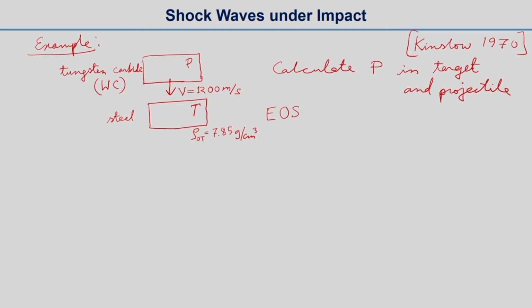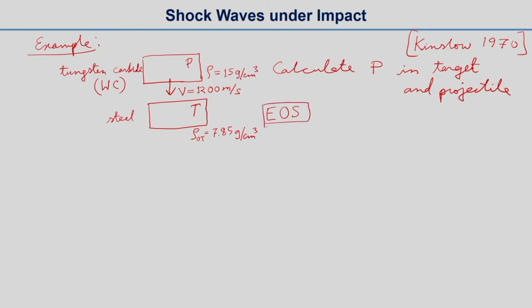This is a little bit different than the earlier one because that was SS304, with 7.9, and here tungsten carbide is a very heavy material, it has very high density, that is 15 gram per centimeter cube.